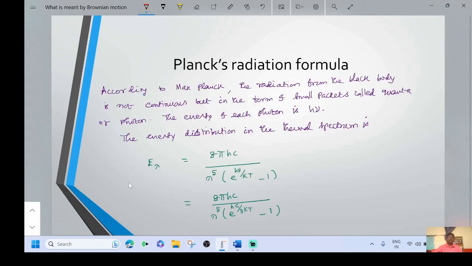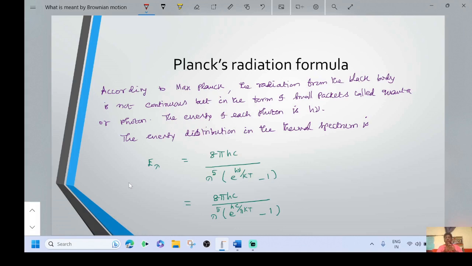Planck's radiation formula. According to Max Planck, the radiation from the black body is not continuous, but in the form of small packets called quanta or photons. The energy of each photon is h nu.